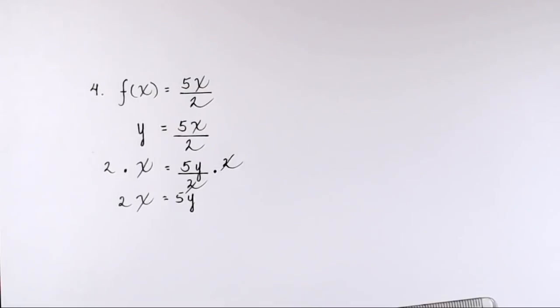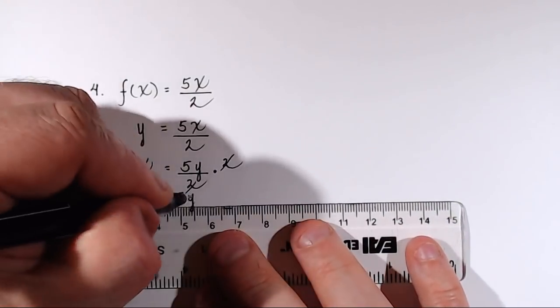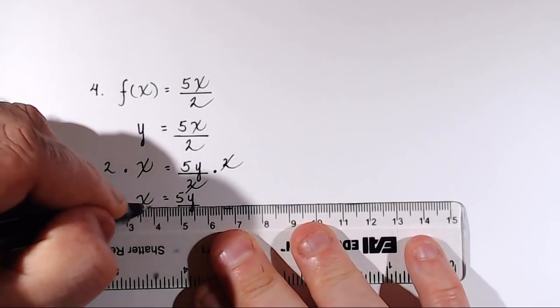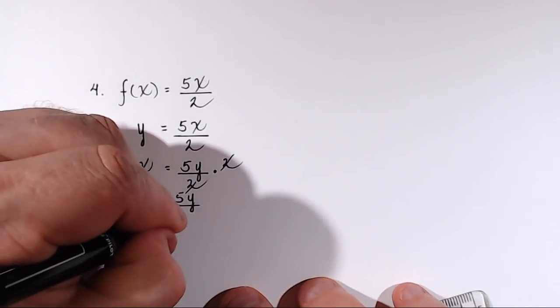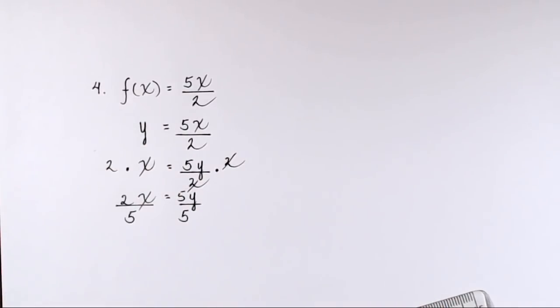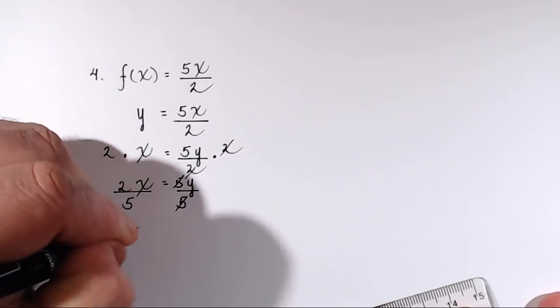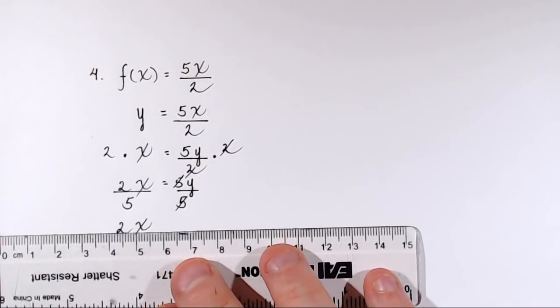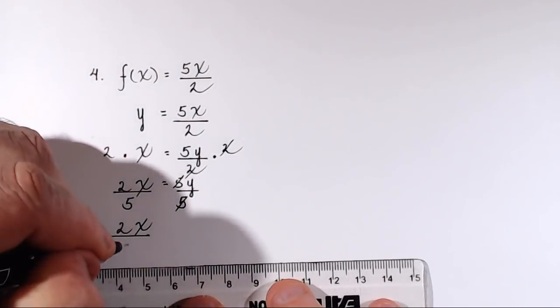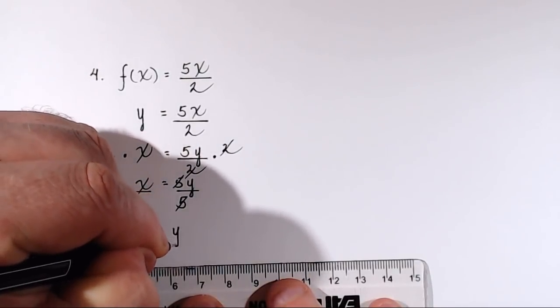Remember, I'm solving for y. So now I have 5 times y, and I need to get y by itself. So I divide everything by 5. Okay, so now these cancel, and I'm left with 2x over 5 equals y.